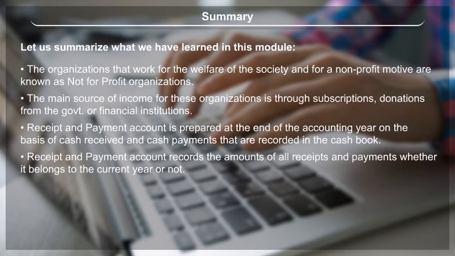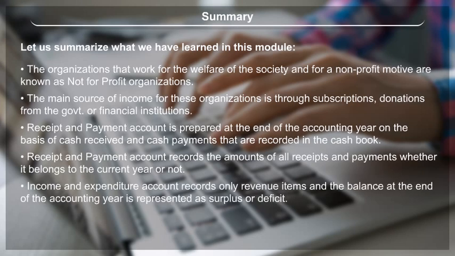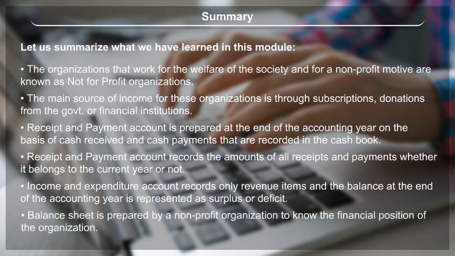The receipt and payment account records the amounts of all receipts and payments, whether they belong to the current year or not. The income and expenditure account records only revenue items, and the balance at the end of the accounting year is represented as surplus or deficit. A balance sheet is prepared by a non-profit organization to know the financial position of the organization.